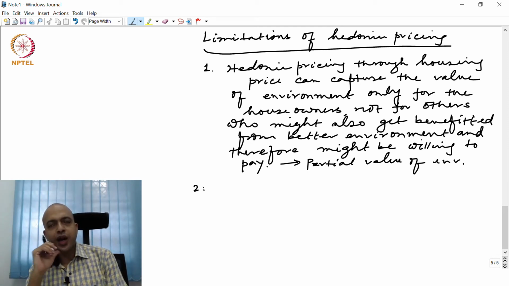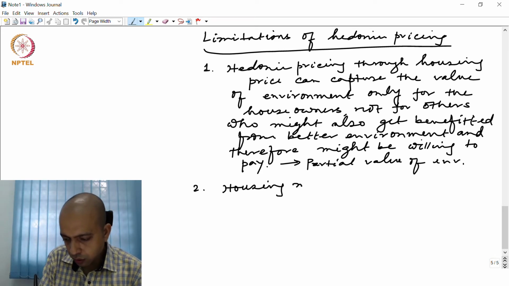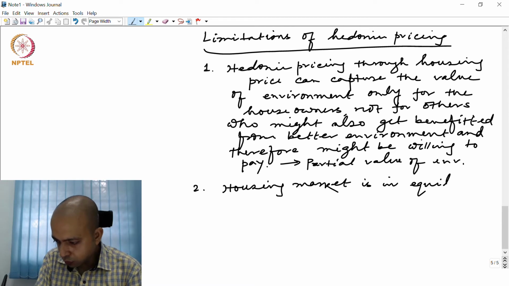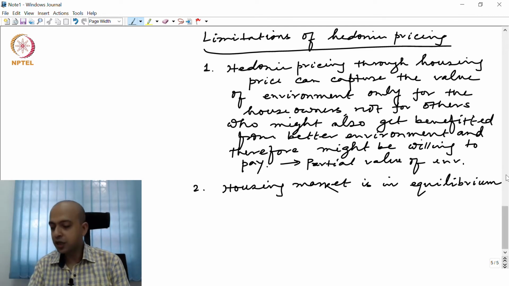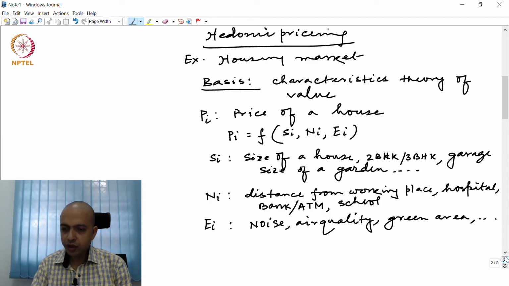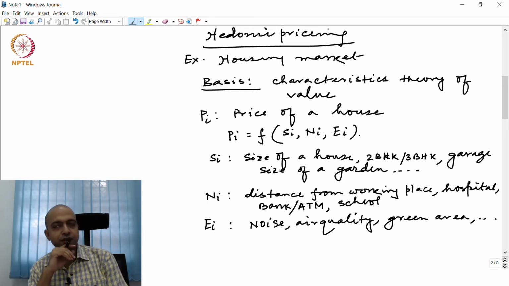Secondly, we assume that the housing market is in equilibrium. What does it mean? In this function we said that housing price is a function of several factors related to site specific, neighborhood specific and environment specific.